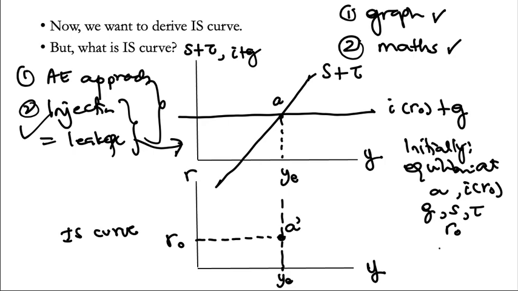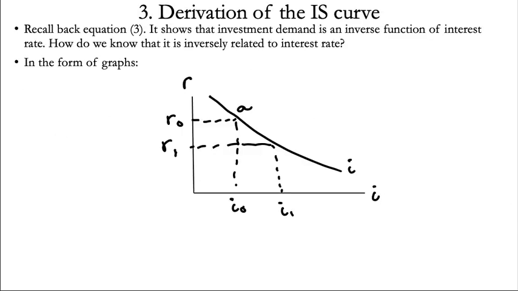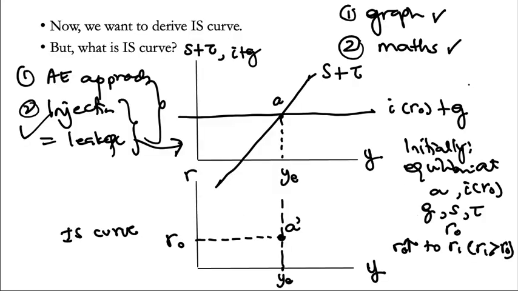Let's say interest rate increases to R1 such that R1 is more than R0. What would happen? Go back to this. If interest rate increases higher than R0, let's say here, you can see investment demand decreases, isn't it? So we can look at what will be affected, injection curve.